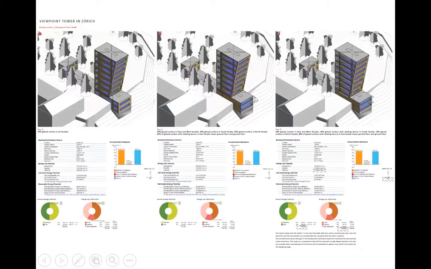So in the examples here, you can see we've just got three quite simple building shapes. The difference is that the version on the left has smaller windows than the middle version, and the version on the right has some shading on those windows. In this example, the building shape is the same in each case, but other students worked with different building shapes.